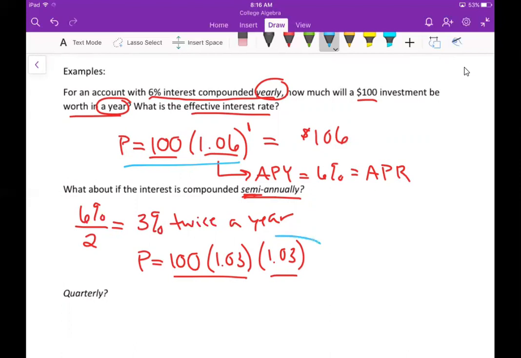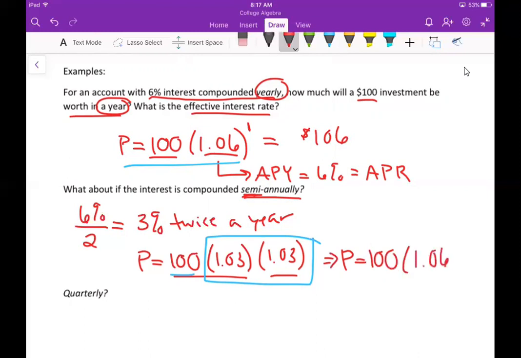So for me, just take these two and multiply them together so you can figure out what that actual growth factor we're multiplying times 100 is. If you take 1.03 times 1.03, this formula will become P equals, oops, forgot the 100. 100 times 1.0609.